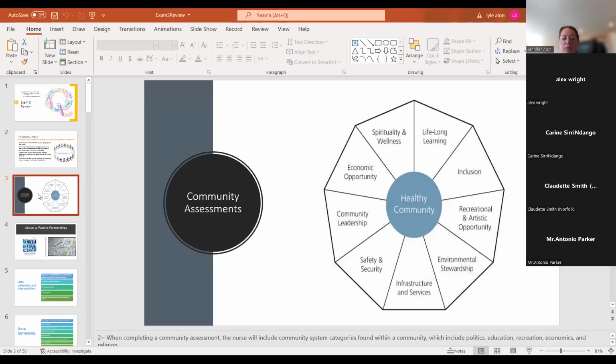But when we're looking at a community assessment, we're going to look at things such as politics, education, religion, you know, what's in the environment that we notice, economics, right? All that's important. So we have politics, education, recreation, economics, religion. What else?